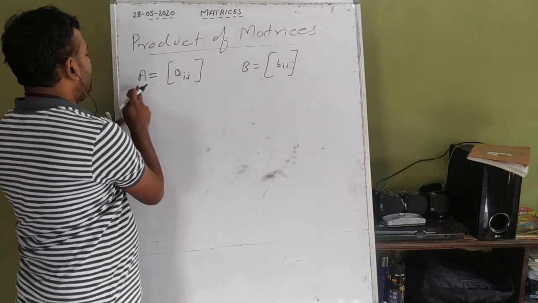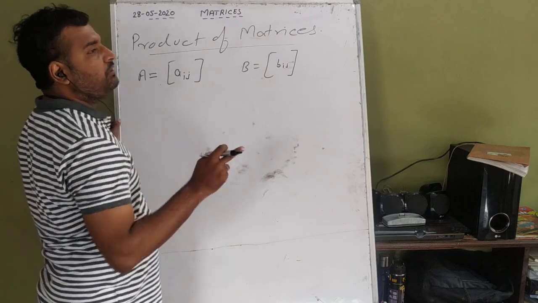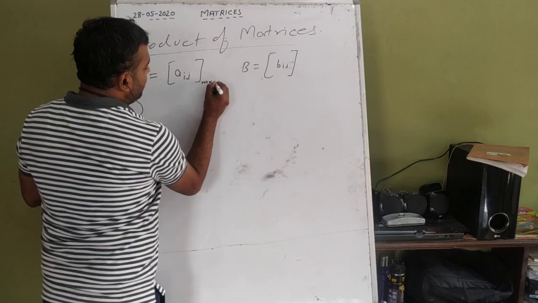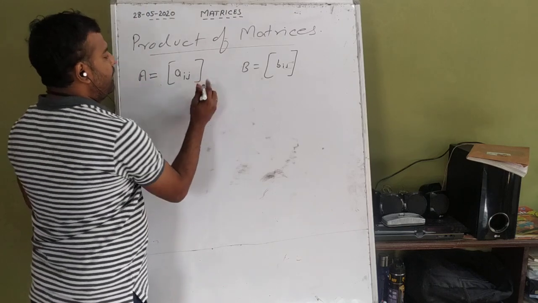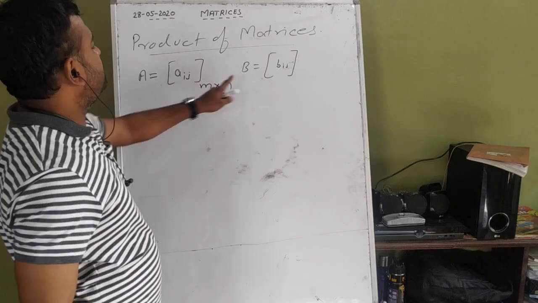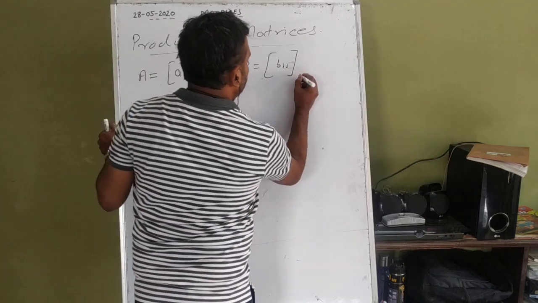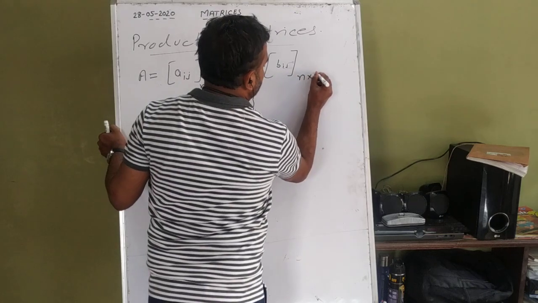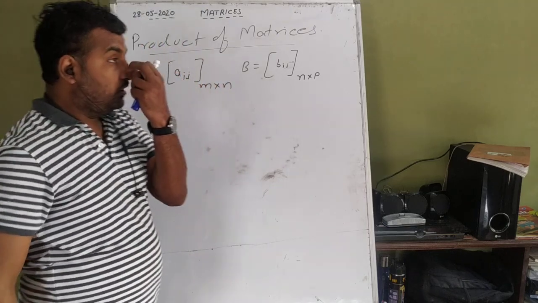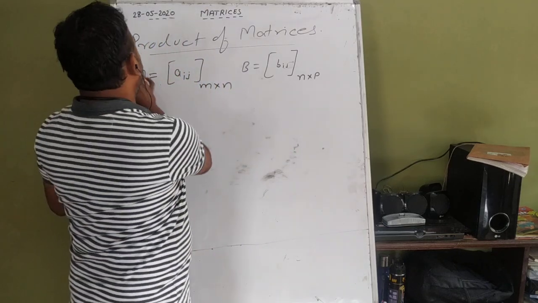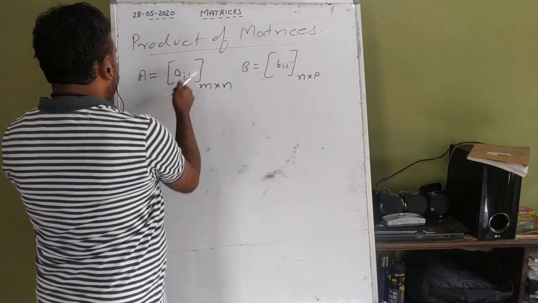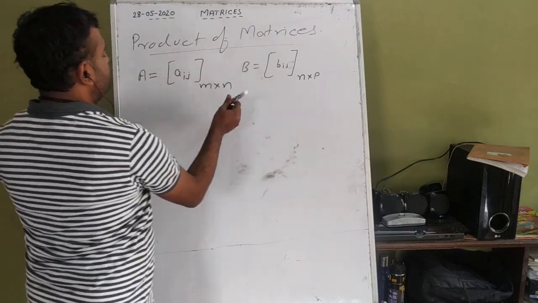Let us consider A equals to Aij be a matrix of order m by n, and B is a matrix of the order n by p. So what is the criteria for the product of the two matrices?